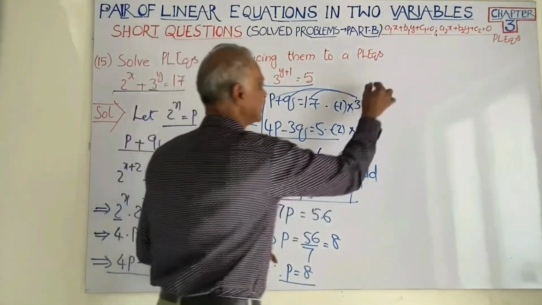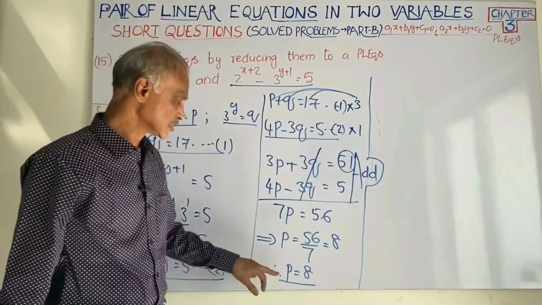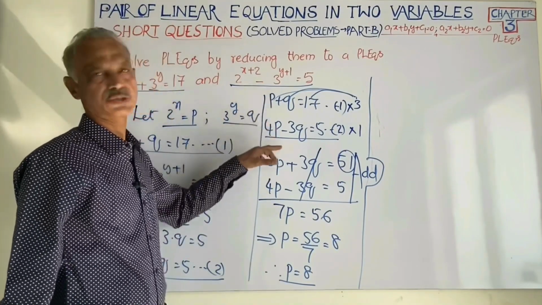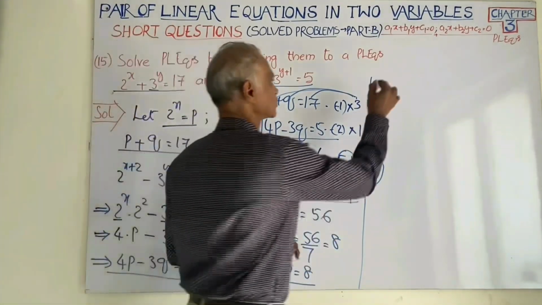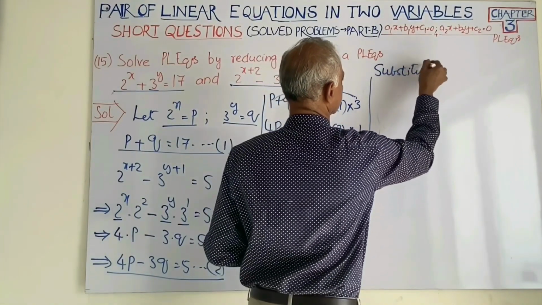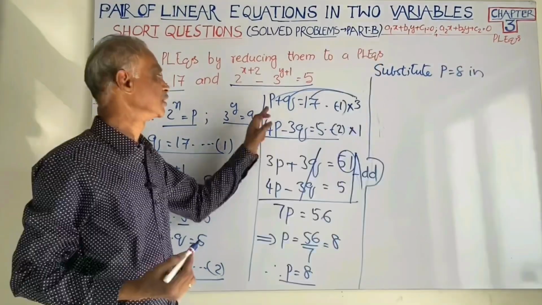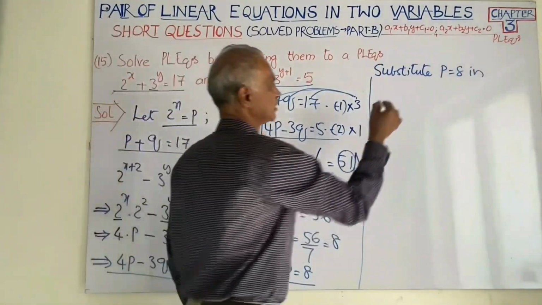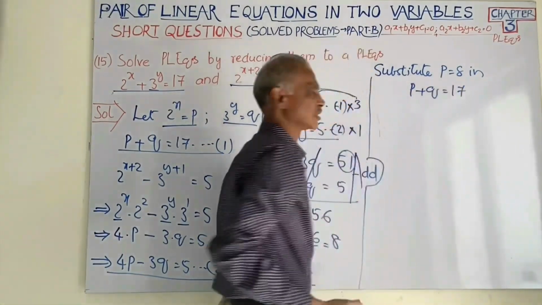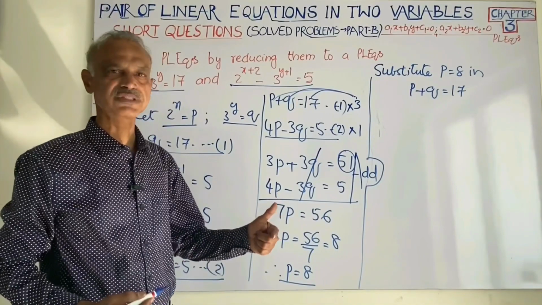Now you have to find the value of q. Substitute the value of p is equal to 8 in one of these two equations, in p plus q is equal to 17.